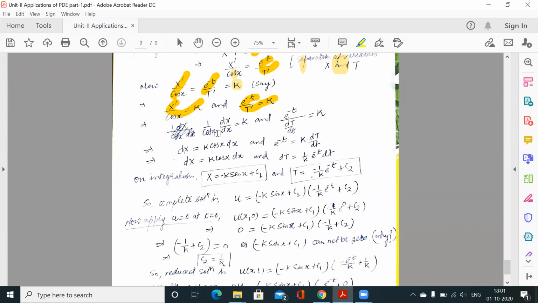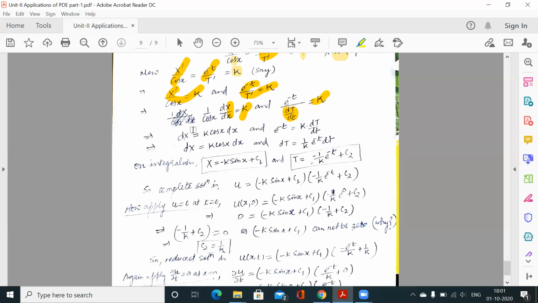For the first equation, 1 over cos x times dX over dx is equal to k, and for the second, e to the power minus t times dT over dt is equal to k. Solving this, dX is equal to k cos x dx.